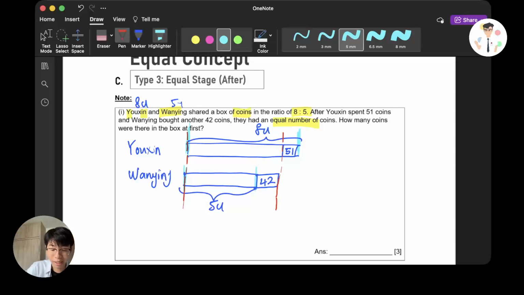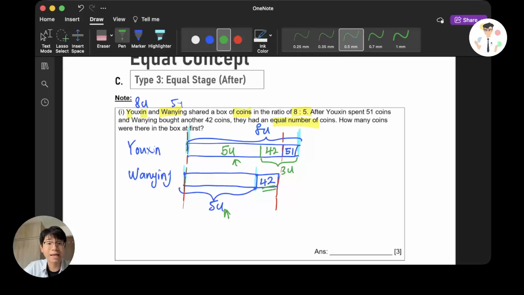So what I can do now is cut here and say, here is actually 5 units. Why? Because here is 5 units and here is also 5 units, right? They are equal. Then this part will be 3 units. And of course, I know here is 42, I also can write up here 42.